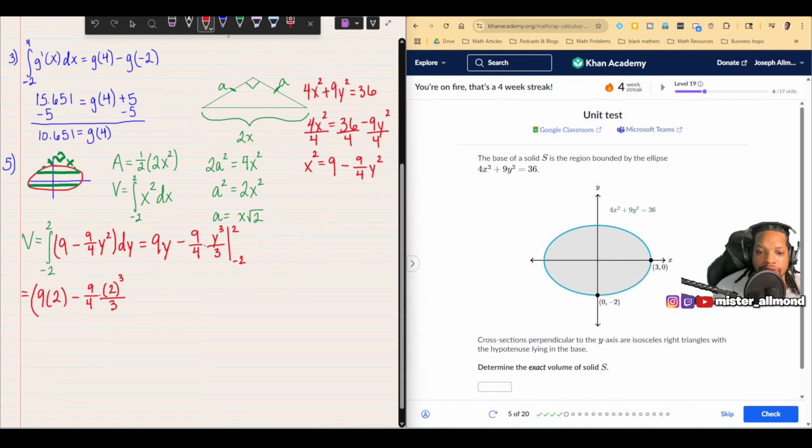Whatever I should get from here should be my final answer. So I got 18 minus... I could cancel out my 9 and my 3 to just make a 3, times 2 cubed is 8. Okay, let's work smarter, not harder here. So I got a 3 on top, and then an 8 on top and a 4 on bottom. So 8 over 4 makes 2, and then the 2 times 3 makes a 6.